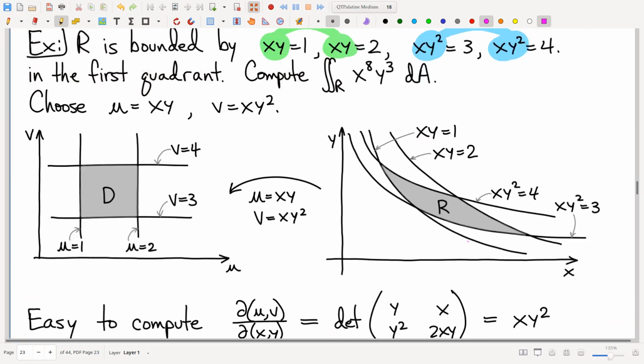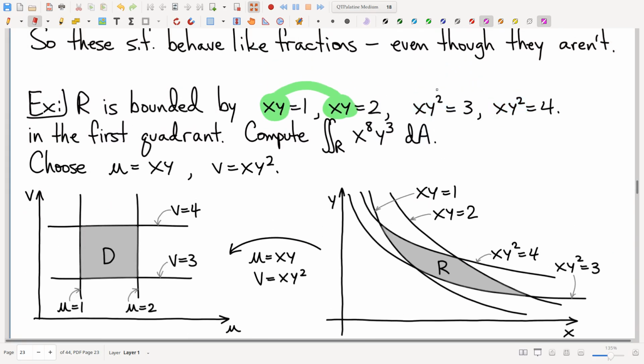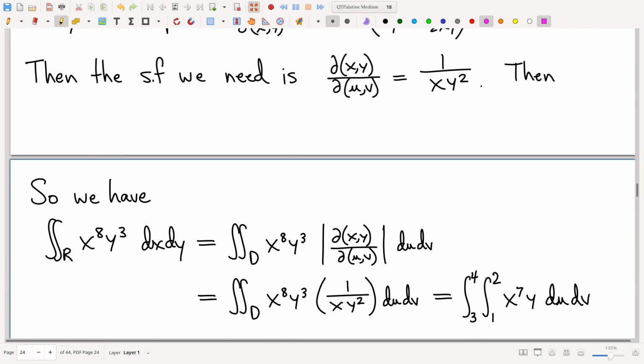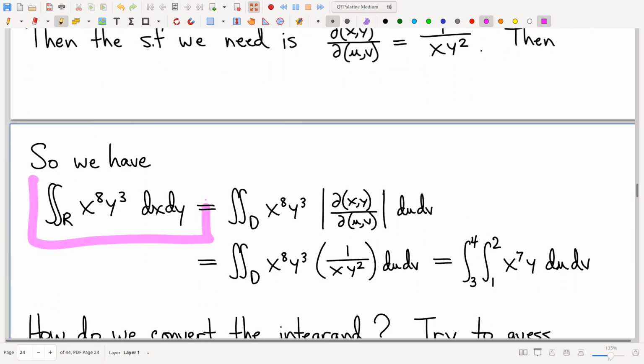And let me just remind you, here's what I was asked to compute in the statement of this example question. I want to compute, apparently, on this domain right here, an integral of x to the 8th y cubed dx dy. This is what I want to compute.